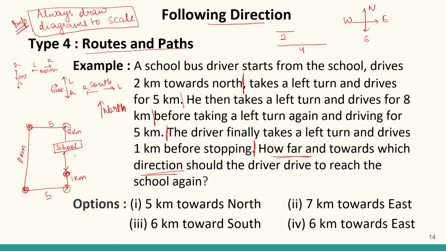So this distance will be how much? This distance will be 8 minus 2 minus 1, which is how much? 5 kilometer. So he would have to go 5 kilometer north to go back to the school, which is option number 1. So option number 1 will be your correct answer.